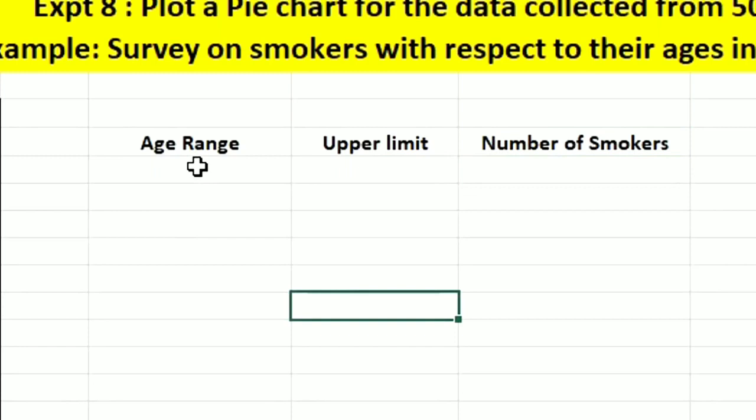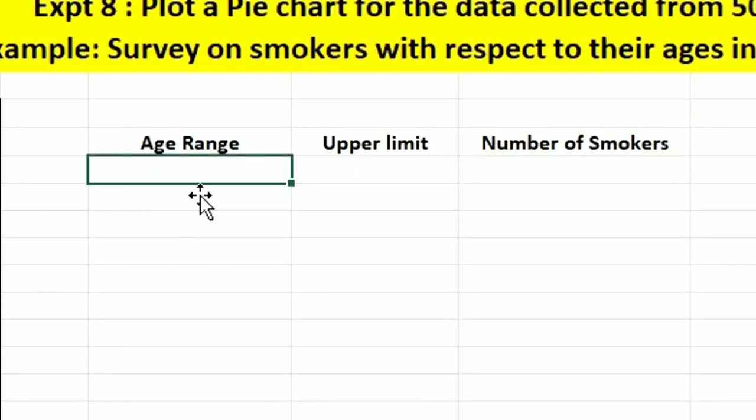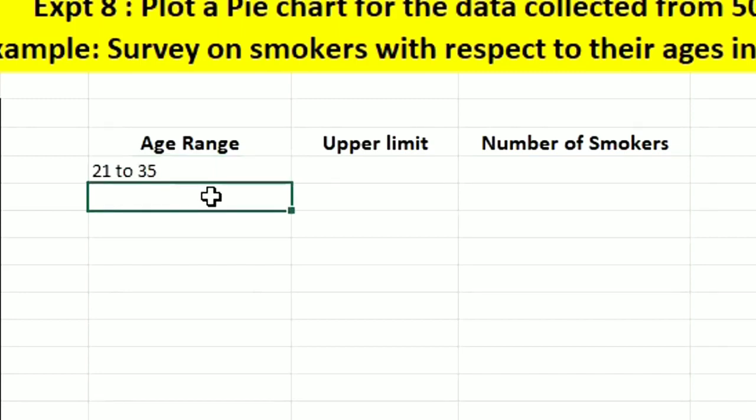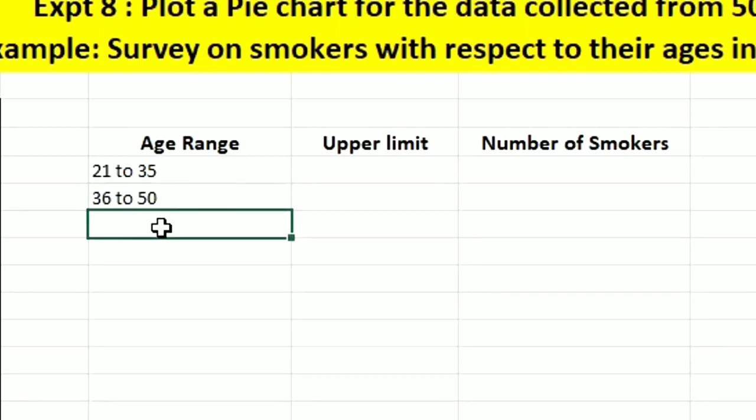Yes. So next I'm going to type the ranges. The first one is 21 to 35. Next, the second range, I'm going to select 36 to 50. The third range is 51 to 65.